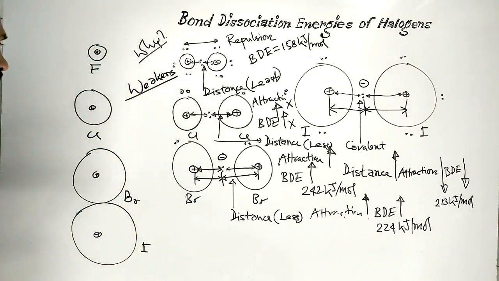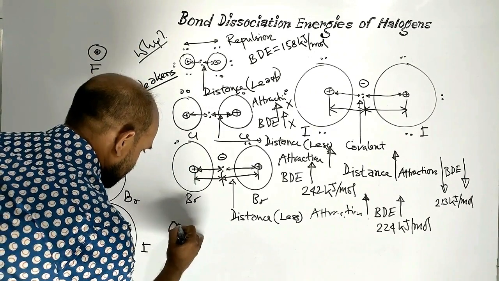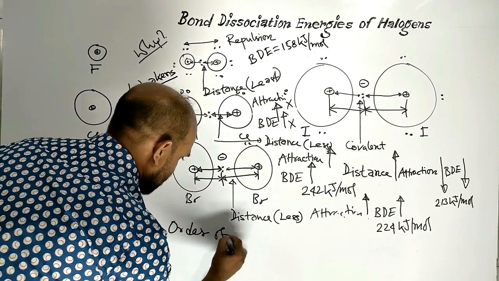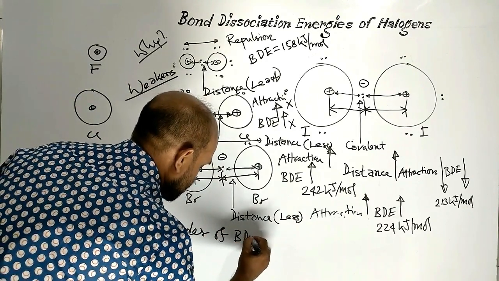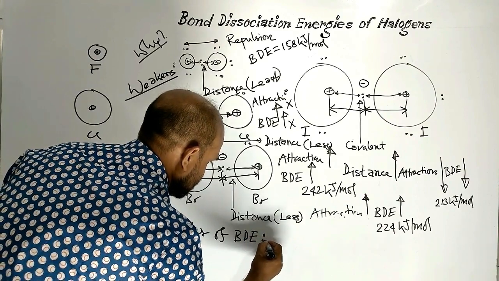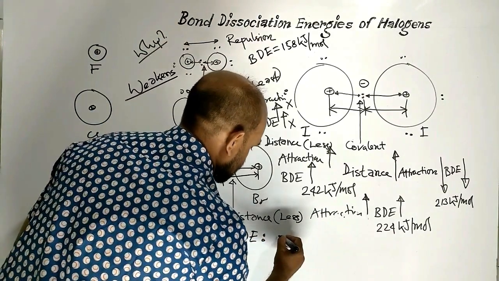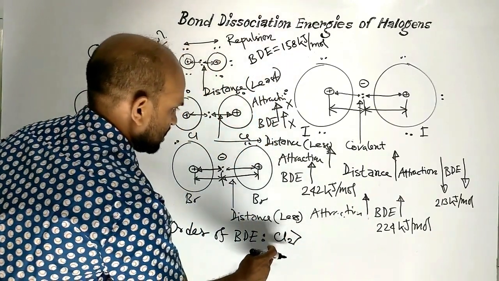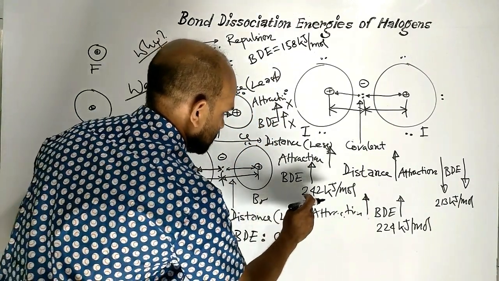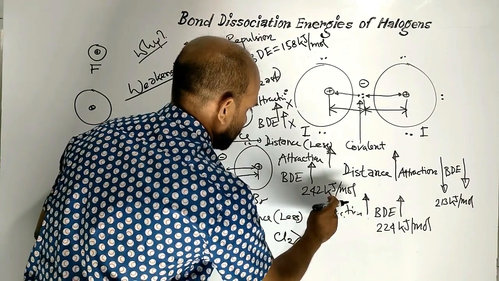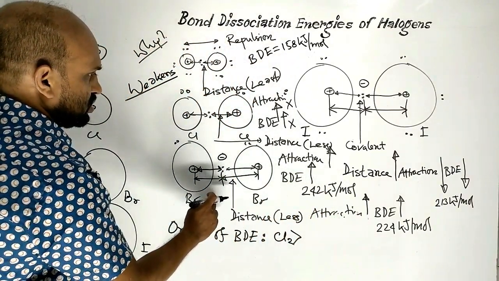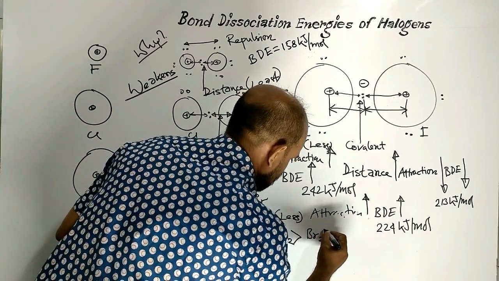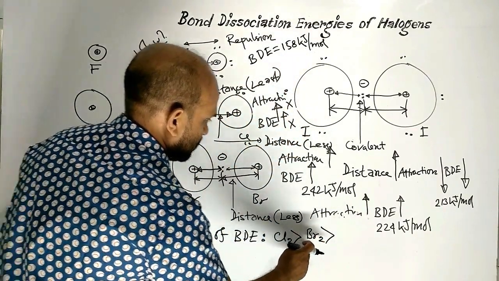So, the order of bond dissociation energy will be like this. For chlorine, this will be higher: 242 kilojoule per mole. For bromine, this is 224.